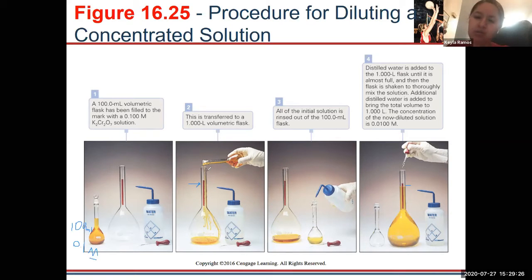Too diluted, yeah. I thought it was the other way around, sorry. So in that case it would be too diluted, and we don't want that to happen. We want to make sure we're right at the correct concentration. So, piece of cake.